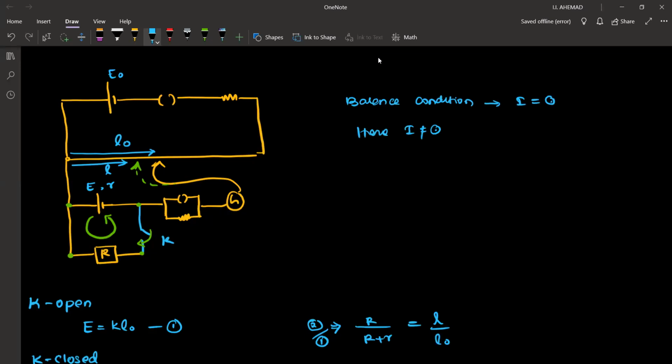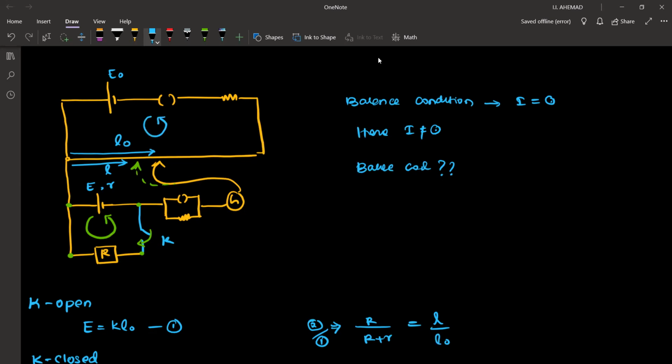So I was having a doubt with how balance condition is achieved. This is the main doubt, or the misconception that most of the time comes in this and the previous experiment. So the explanation for this is, look, here you have a separate current in the secondary circuit, and here you have a separate current in the primary circuit.